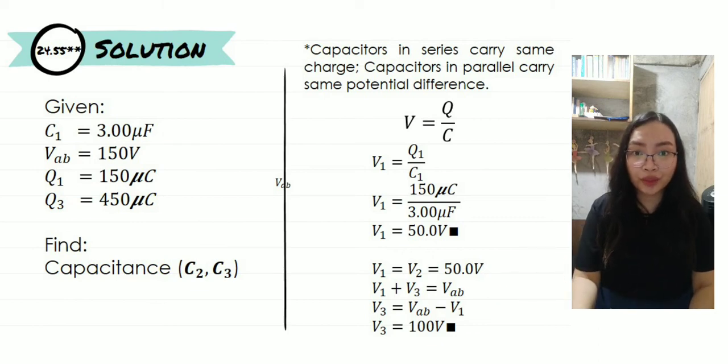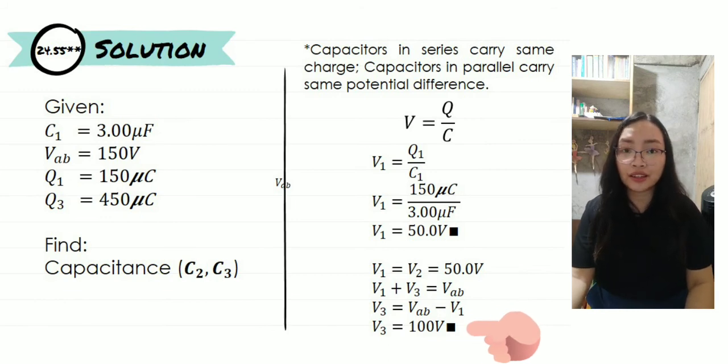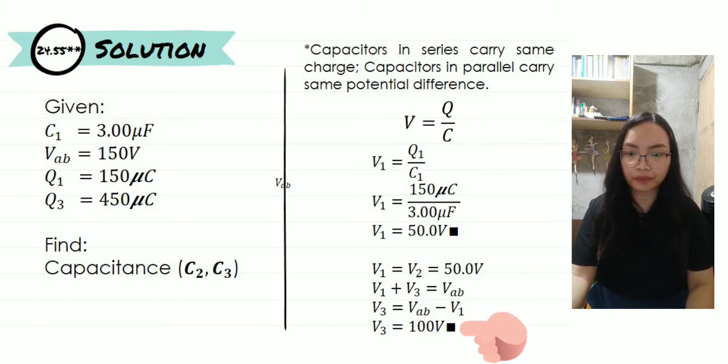So now we are only down to the last value, which is the voltage for capacitor 3. In order to get this, we need to subtract the voltage that we obtained in capacitor 1, which is 50 volts, from the voltage between points A and B. So 150 volts minus 50 volts is equal to 100 volts. So that is our voltage for capacitor 3.